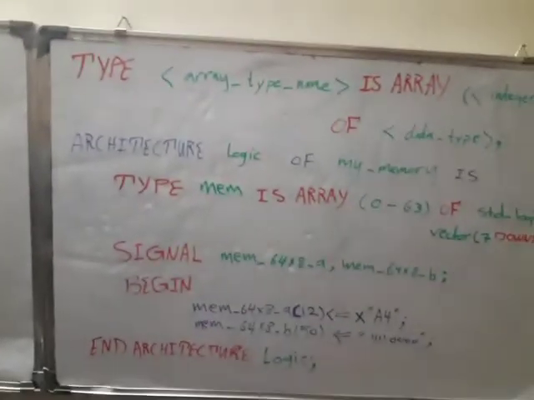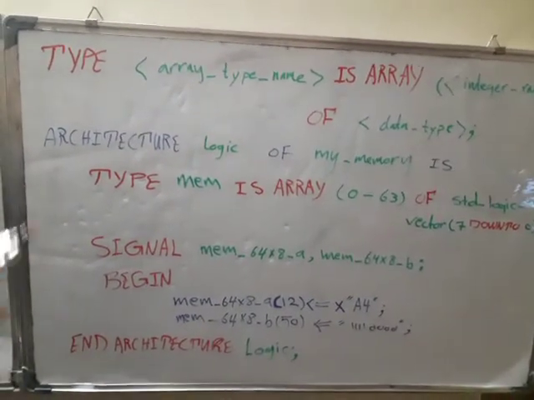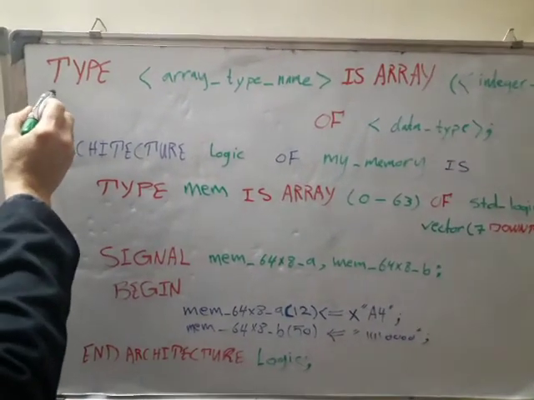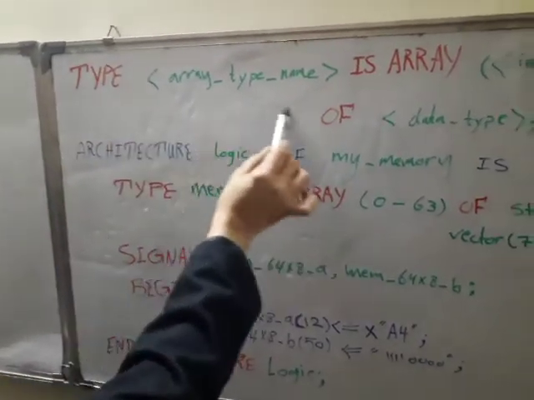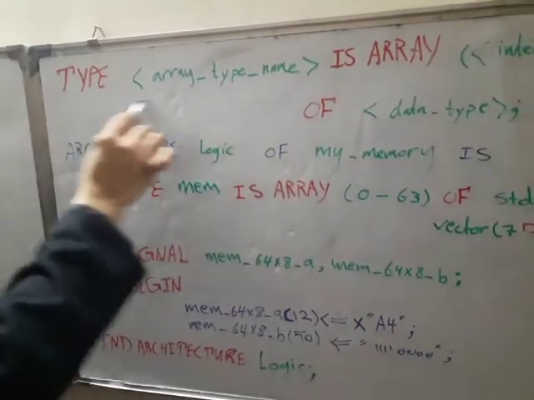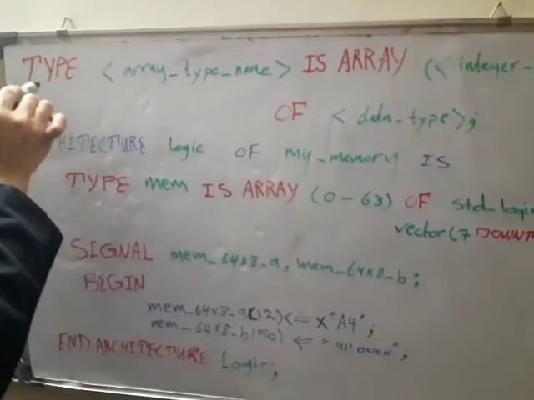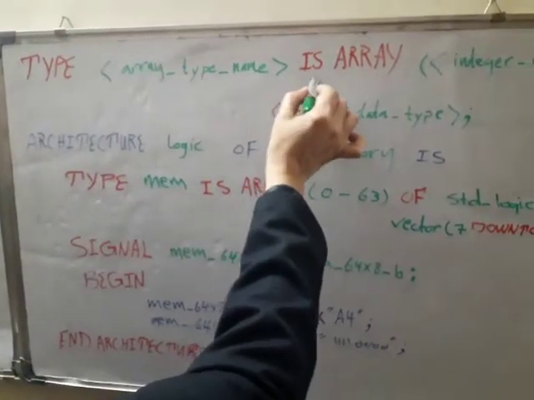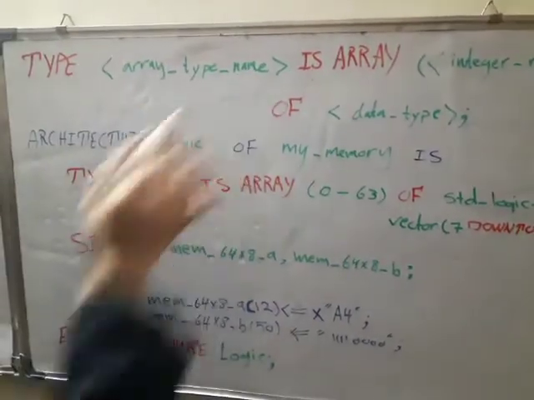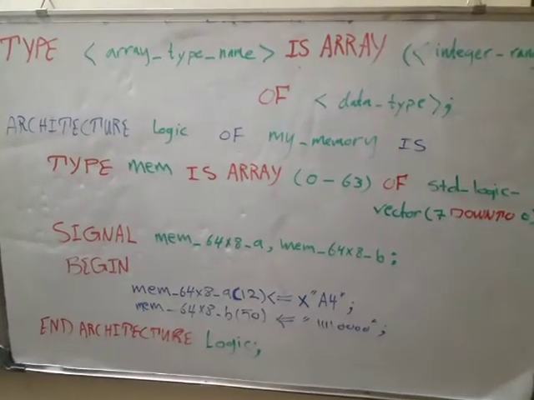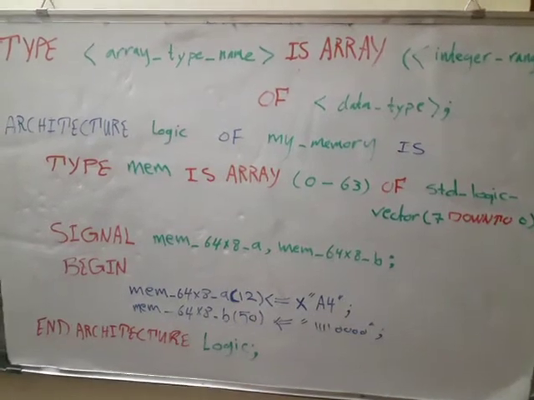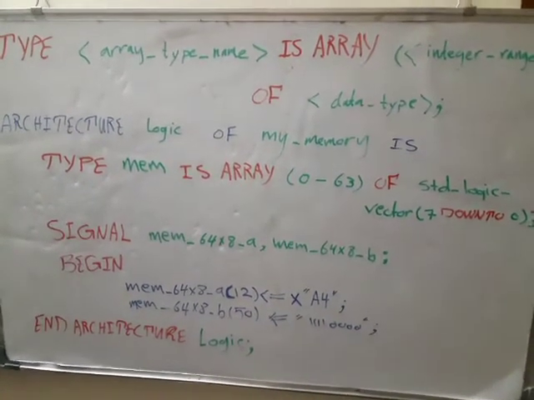The VHDL statement for array definition is as follows. This is the statement of array declaration: type, is, array, of. These words are reserved words of the VHDL language.